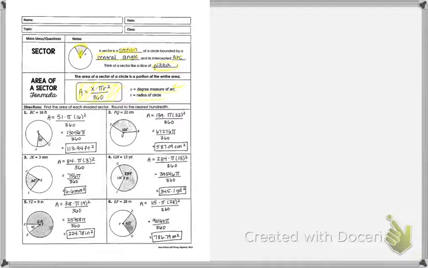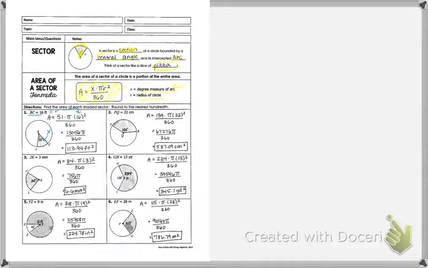Okay, so we zoom into number 1. Here we have our formula. X, actually, hold on, let me get the proper one. This is X. This right here is your radius.